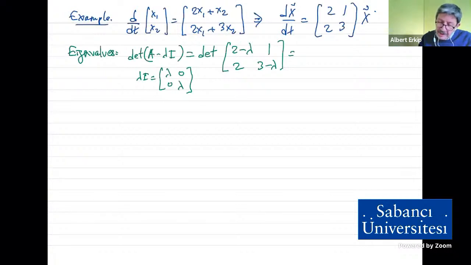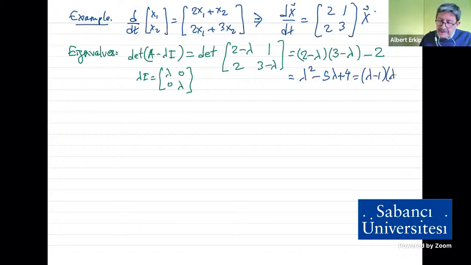When you compute that, you get (2 minus lambda)(3 minus lambda) minus 2, which works out to lambda squared minus 5 lambda plus 6 minus 2, and you realize that this is (lambda minus 1)(lambda minus 4). I cooked the numbers so something easy comes out.